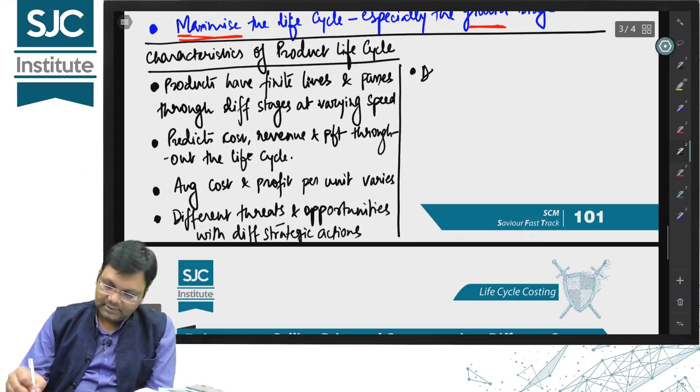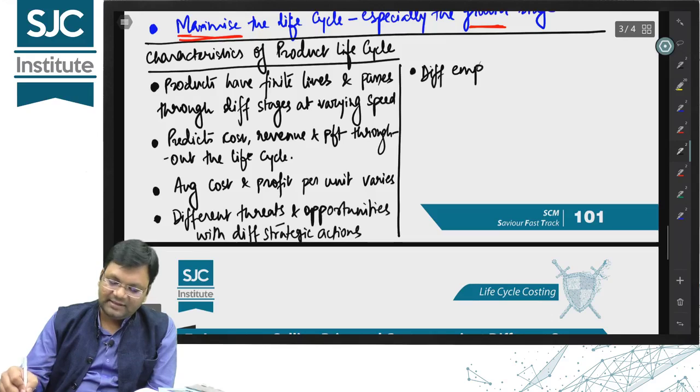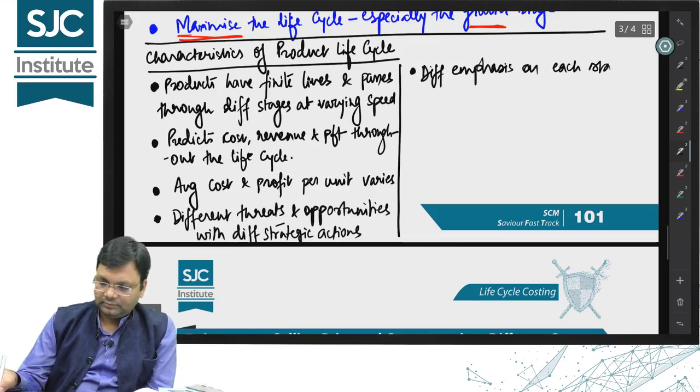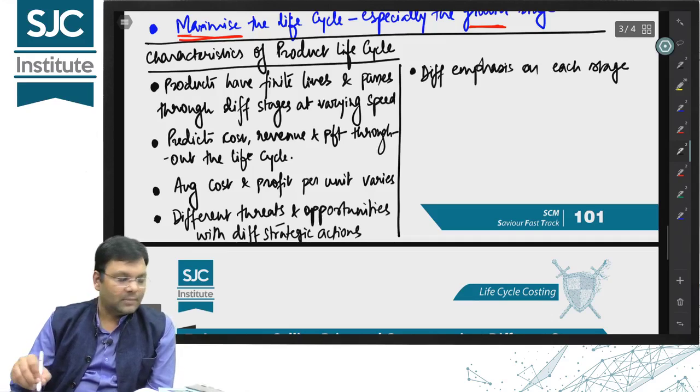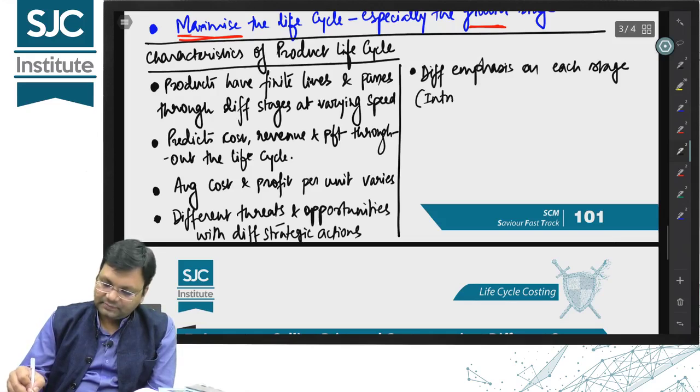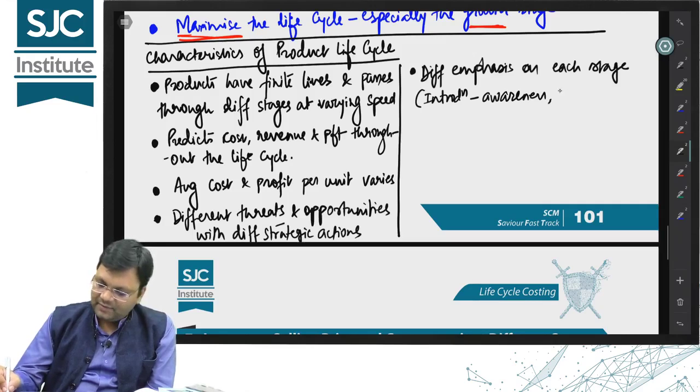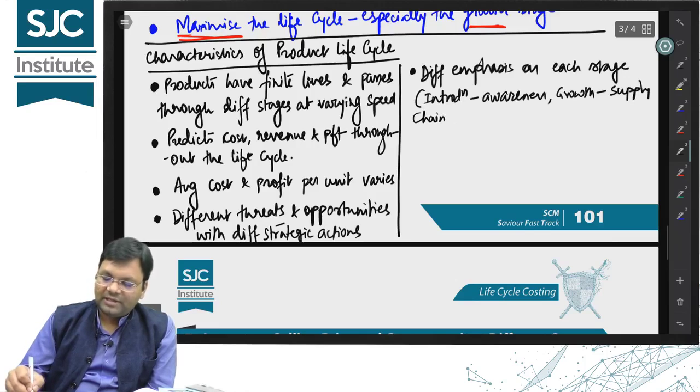Next, different emphasis on each stage. So what is the emphasis in our introduction stage? It is to create more and more awareness. Emphasis in our growth stage is to strengthen supply chain, create more channels.